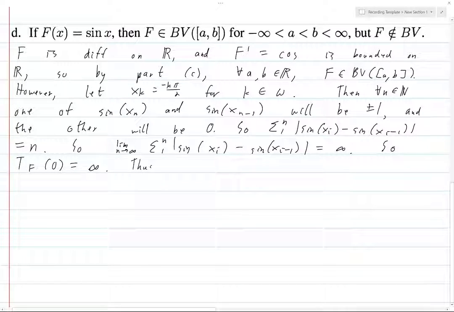But thus, f cannot be in bounded variation. Because if it were in bounded variation, then the limit as x goes to infinity of Tf of x would have to be finite. But we know that Tf is infinity at 0, and Tf is an increasing function. So let's write this out.